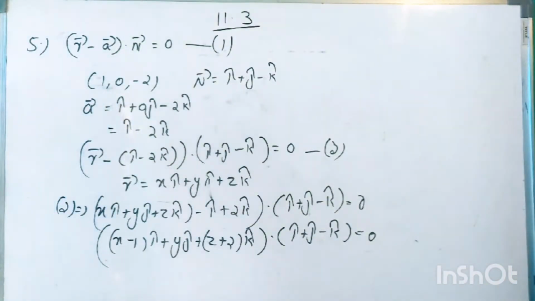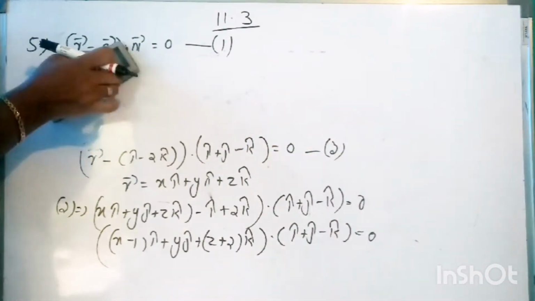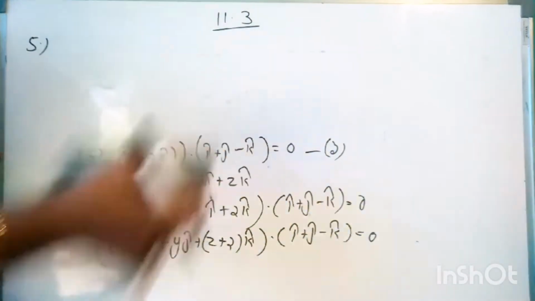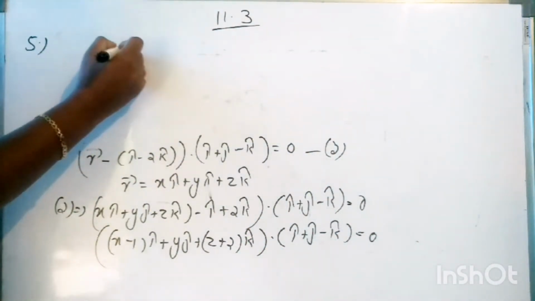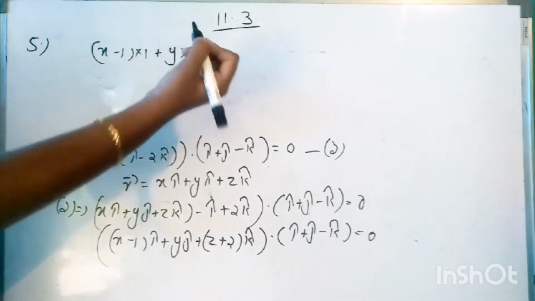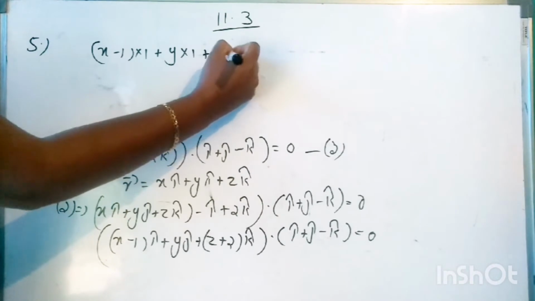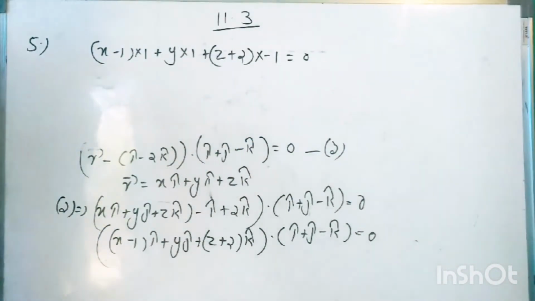So in the LHS we have two vectors and we need to take the dot product of these two vectors. We will get (x - 1) into 1 plus y into 1 plus (z + 2) into -1 is equal to 0.